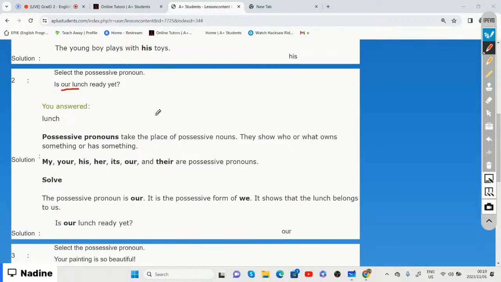So our is the same as saying we, right? But of course, grammatically, within a sentence, we can't say is we lunch ready, right? So it's our lunch ready. So our is a possessive pronoun, and it is not the possessive form of we.